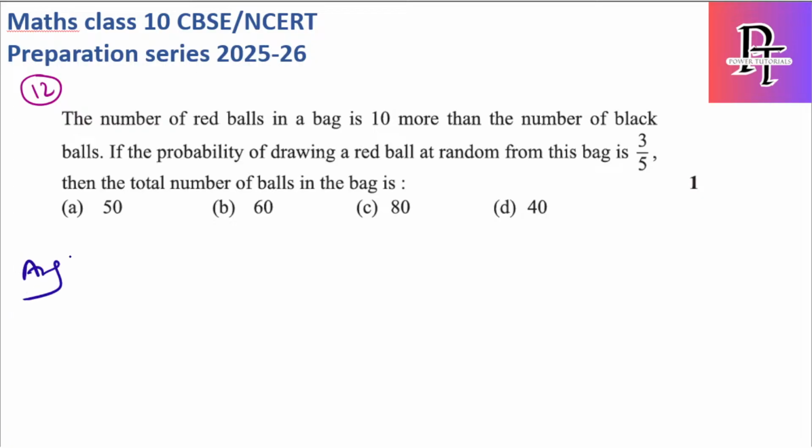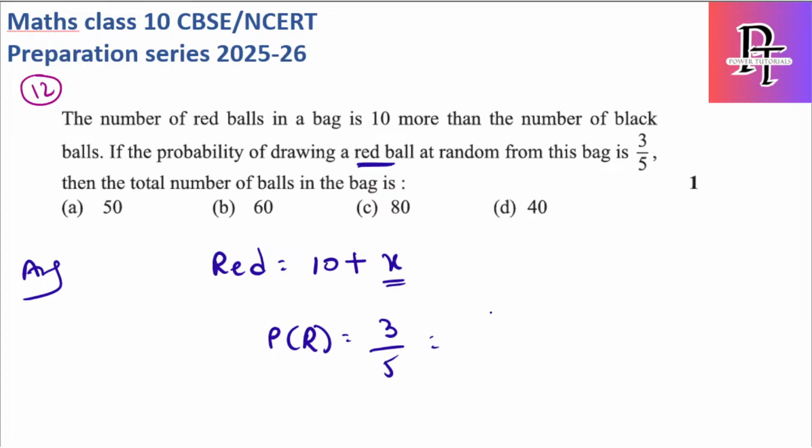The number of red balls in a bag is 10 more than the number of black balls. Okay, so red balls is 10 more than black balls, because we are considering the black balls as x. The probability of drawing a red ball at random from the bag is 3 by 5. So P of R is 3 by 5.